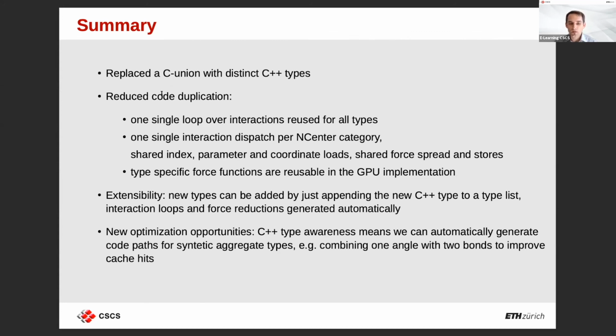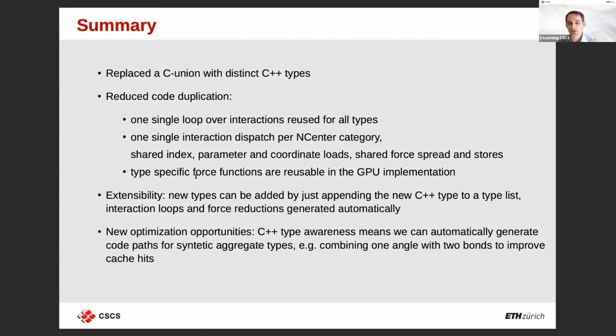And indeed, there's even more. For instance, the force functions that calculate your force loss are now extracted out of the call stack that loops through the interactions, and you could, for instance, use them in the GPU implementation too. And if you do it in this way, your code actually becomes really trivially extensible.